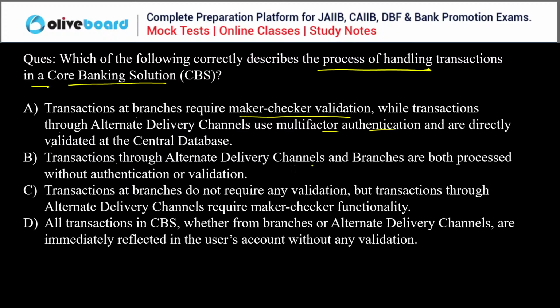B: Transactions through alternate delivery channels and branches are both processed without authentication or validation. C: Transactions at the branch do not require any validation, but transactions through alternate delivery channels require maker-checker functionality. D: All transactions in the CBS, whether from the branches or the alternate delivery channels, are immediately reflected in the user's account without any validation.